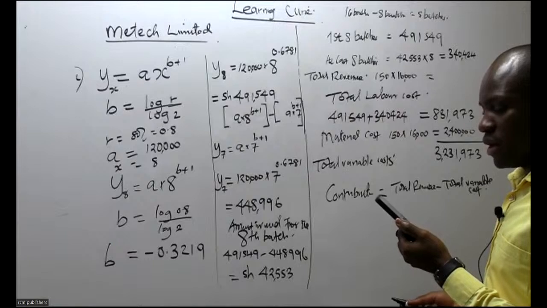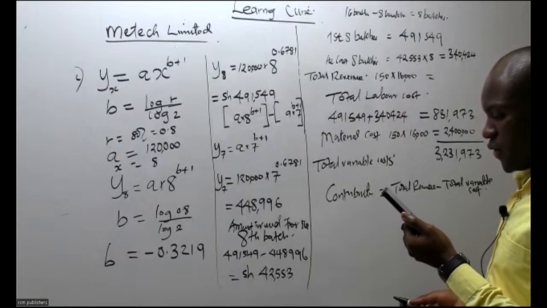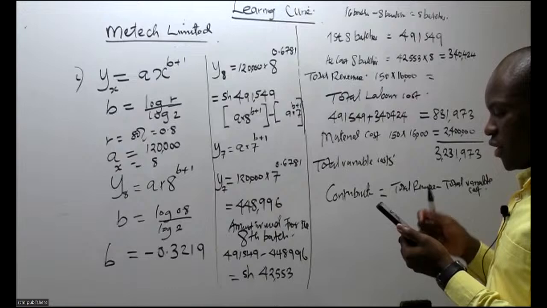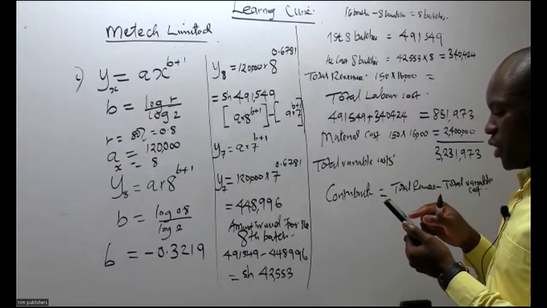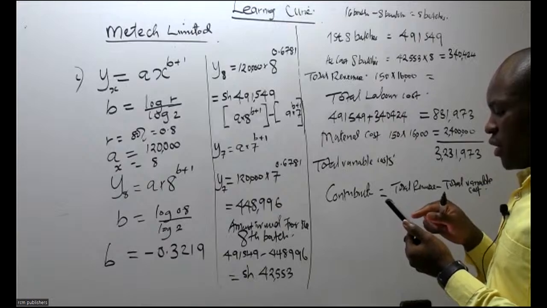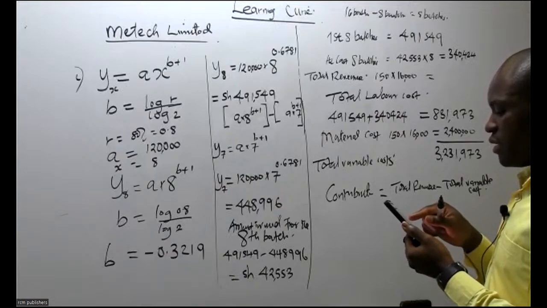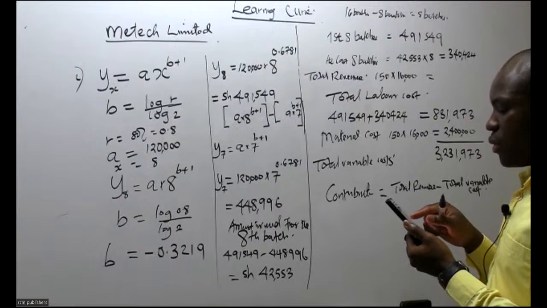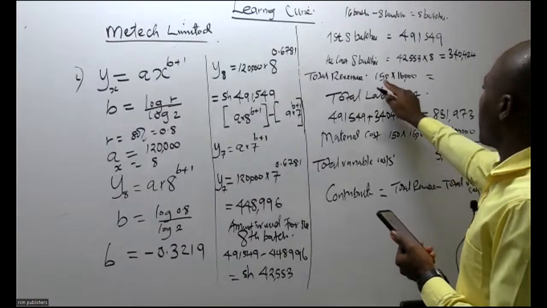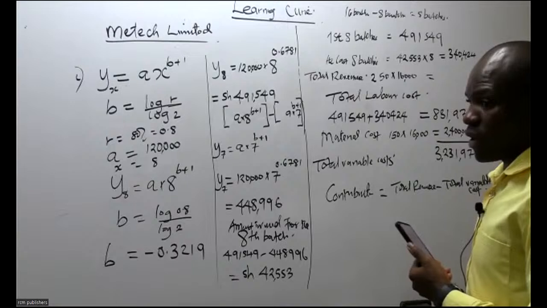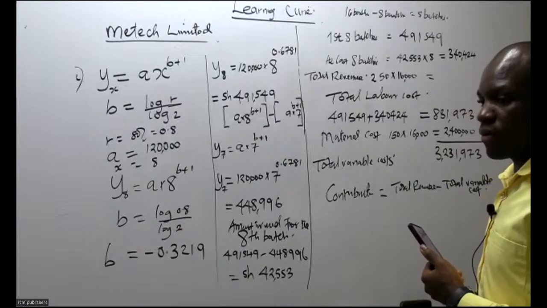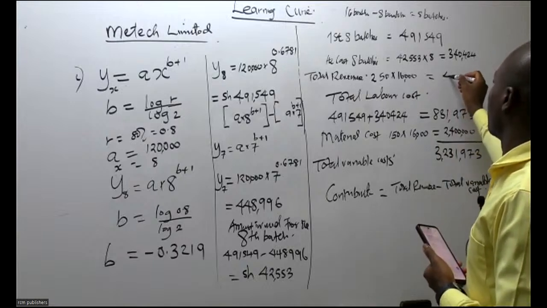The first paragraph: Medtech Limited is in the process of developing a new product branded Valida. During its expected life, it is estimated that 16,000 units will be sold at a price of shillings 250,000. The selling price is 250,000. So how much do we have? 4 million.